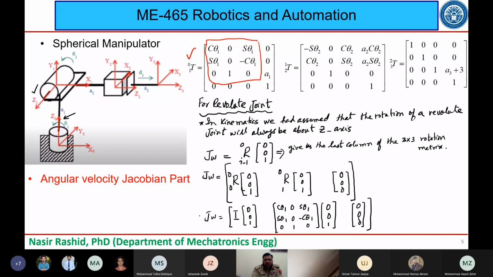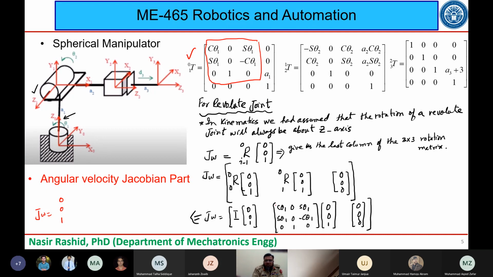ठीक है, और अब मैं इसको मल्टीप्लाई करके यहाँ लिखने लगा हूँ, so let me just take this color. So JW will be equal to, the first column will be equal to 0, 0, 1.